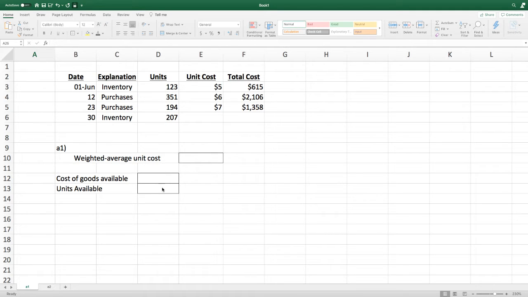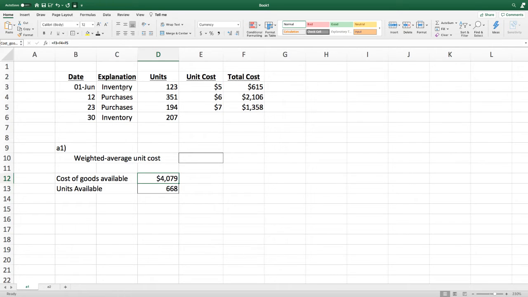That will give us our units available number. So this is what that is. And then we're going to do the same thing with our total costs. We're just going to add those all up, and that gives us this.